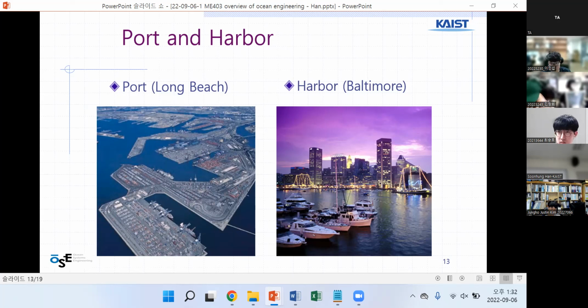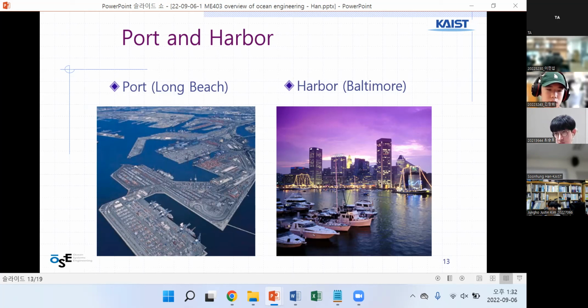Baltimore was a very big port 200 years ago, when people from England and Europe were coming to the United States. So at that time, there would have been sailing ships, wooden ships at the beginning, right? Nowadays, this port is too old and too small for big ships.